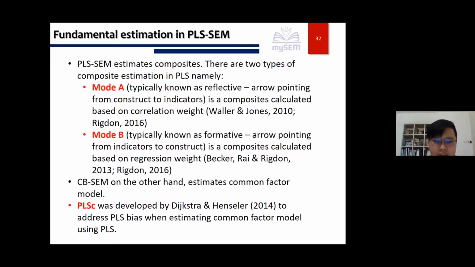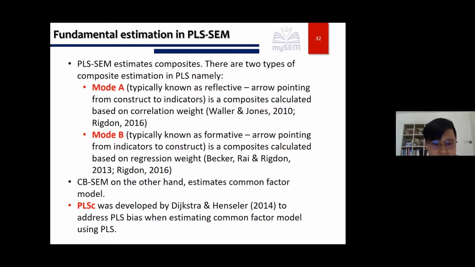This common factor model was first captured very clearly by Dijkstra and Henseler in 2015. They mentioned clearly that there's a way for PLS to look into the common factor model world, and this world uses another terminology called PLS-Consistent, or consistent PLS. The purpose of consistent PLS is to reduce the PLS bias.